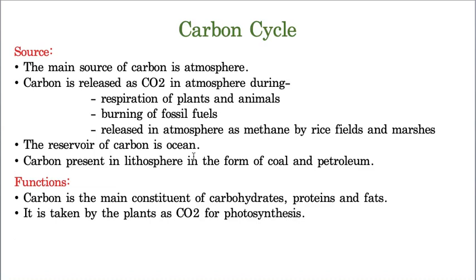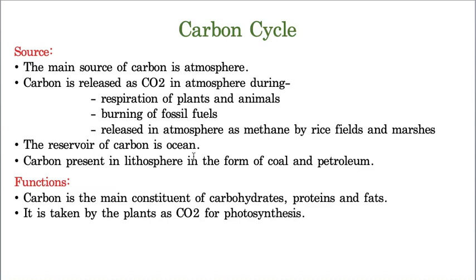So carbon has the tendency to absorb heat. To maintain this, excess carbon must not be there. So the excess carbon will be absorbed by the ocean in the form of carbonates and bicarbonates. Hope you understand. Sometimes the carbon will be deprived in the atmosphere, and again these carbonates and bicarbonates dissociate and release carbon dioxide again into the atmosphere.